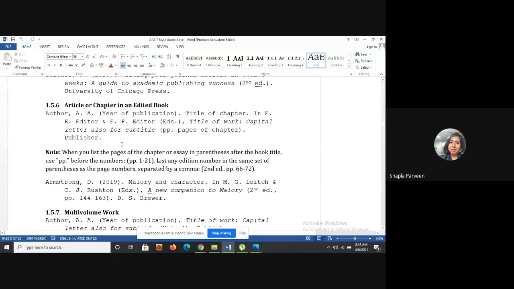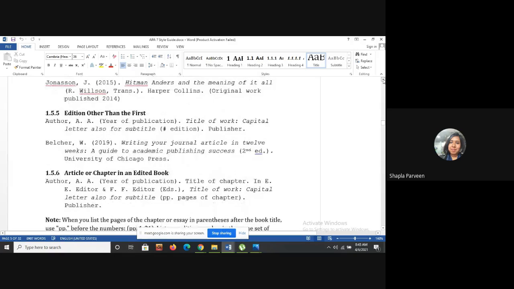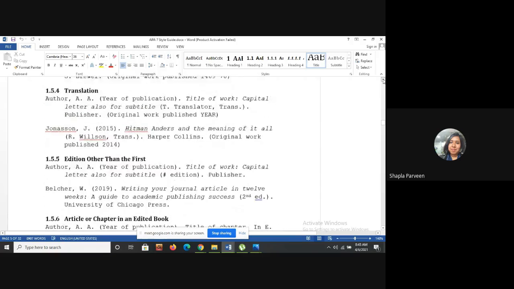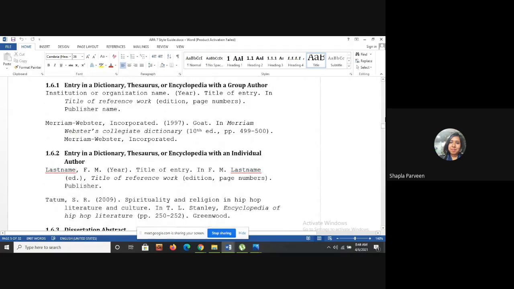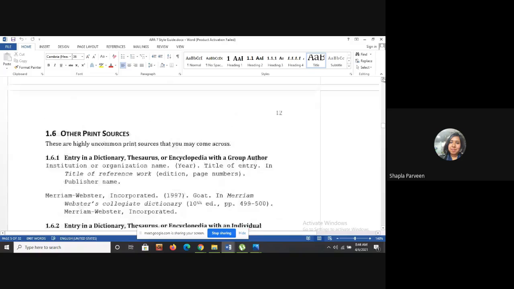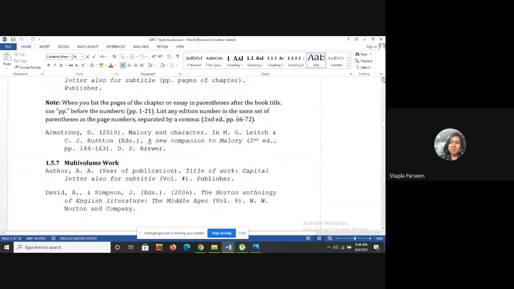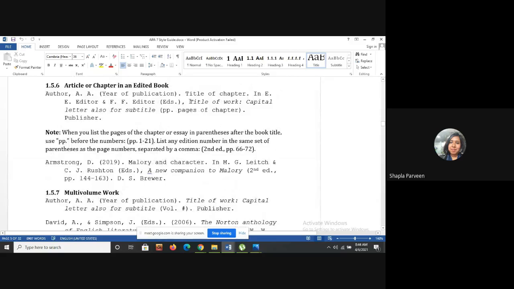So this is the rule given here. It's an edited book. I don't know whether there's a separate example for anthology, but it is 1.5.6. It does refer to article or chapter in an edited book. Basically, an anthology is an edited book. So that's why this is the page. This is the rule number.